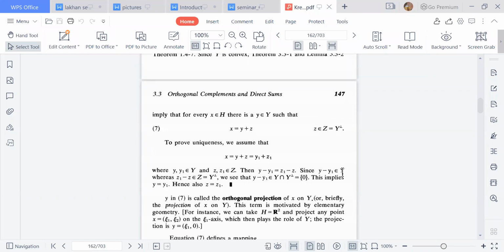Since y minus y1 belongs to capital Y, because we have y belongs to capital Y and y1 belongs to capital Y, Y is a subspace. So by definition of vector space, y minus y1 also belongs to capital Y, closure property, and existence of inverse property. Whereas z1 minus z belongs to capital Z, which is equal to complement of Y. So that y minus y1 belongs to Y intersection Y complement.